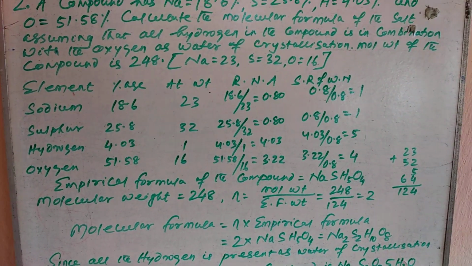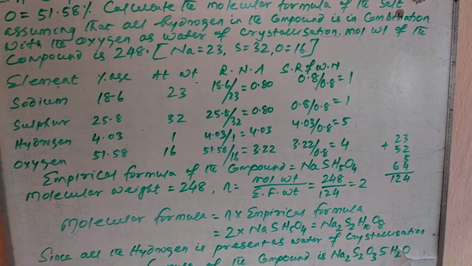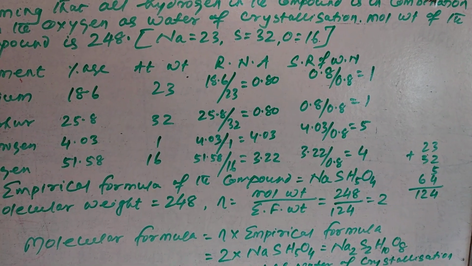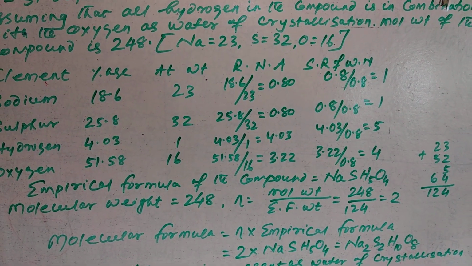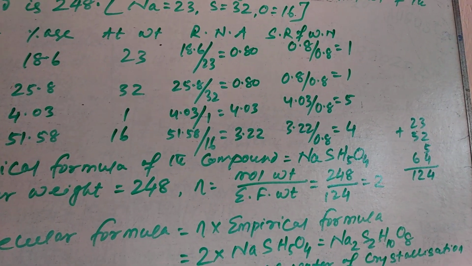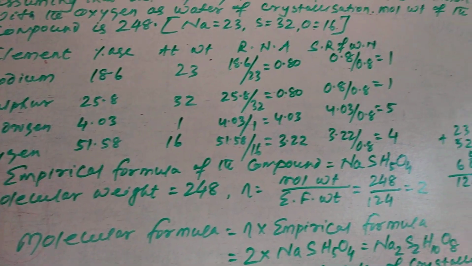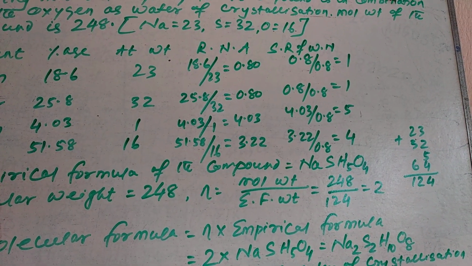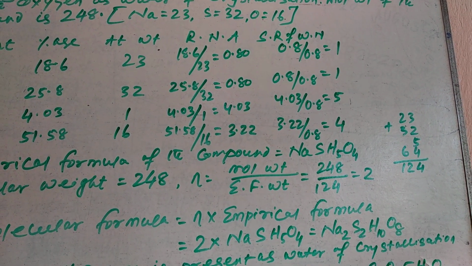Therefore, for sodium it is 0.8 by 0.8 equal to 1. For sulfur it is 0.8 by 0.8 equal to 1. For hydrogen it is 4.03 divided by 0.8, it is 5. And finally for oxygen it is 3.22 divided by 0.8 equal to 4.